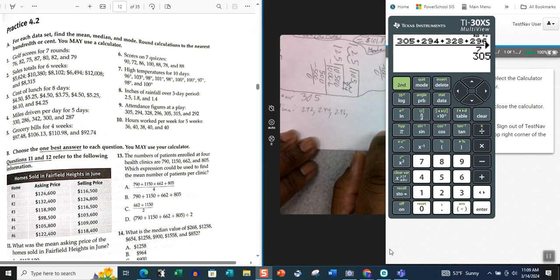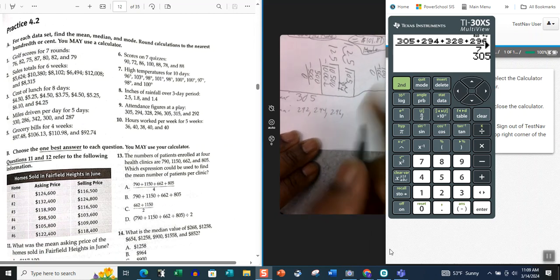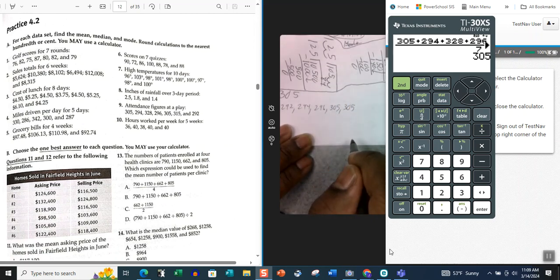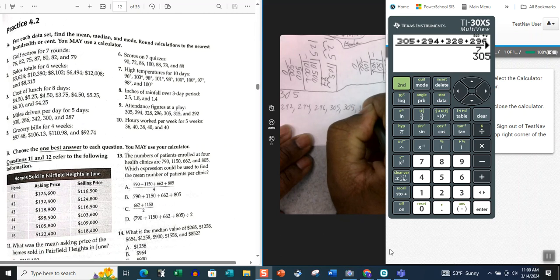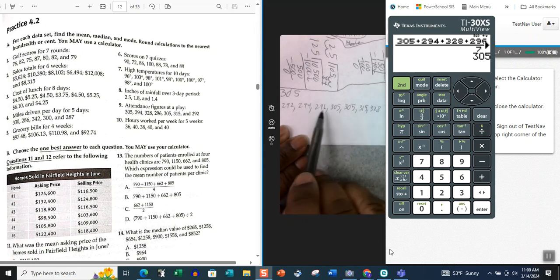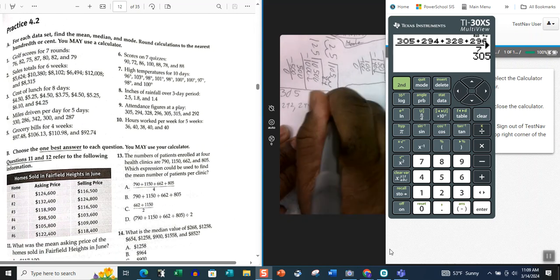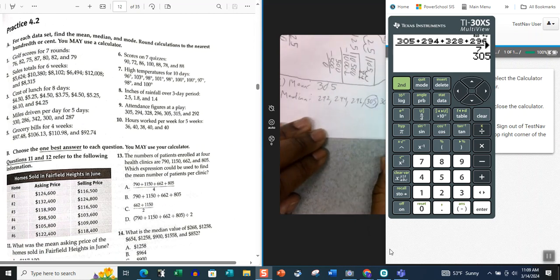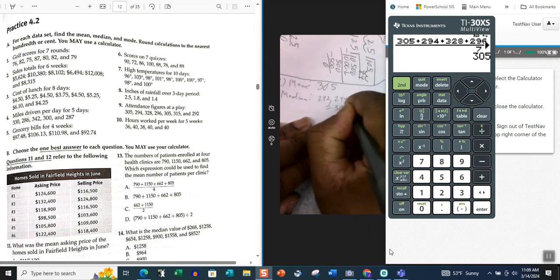Now we go to the 3s. We have 2 of them, that's 305. And then we had 315 and 328. Okay, so these are our 7 numbers. Now since it's 7 numbers, we just picked the one right in the middle, which is 305. So our median here would be 305.